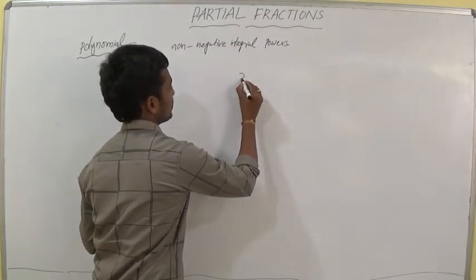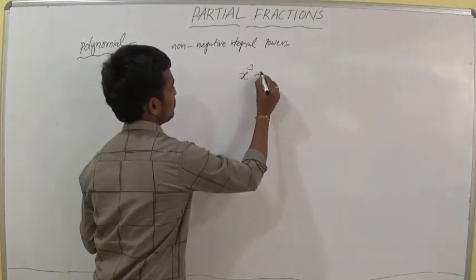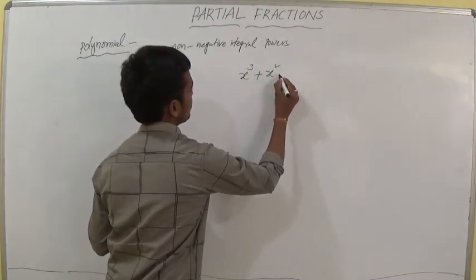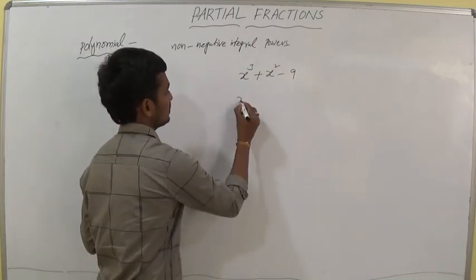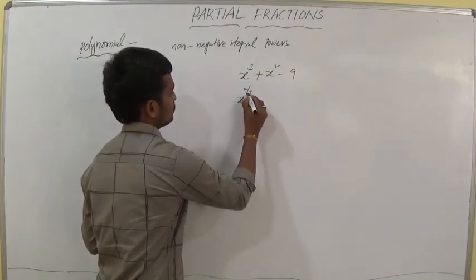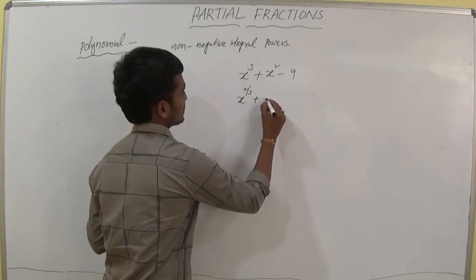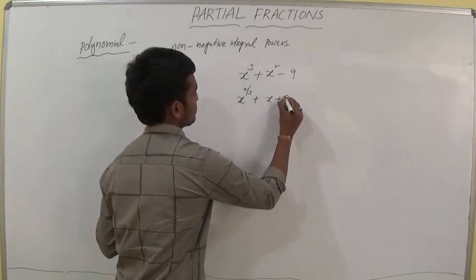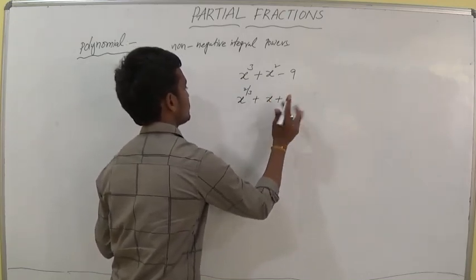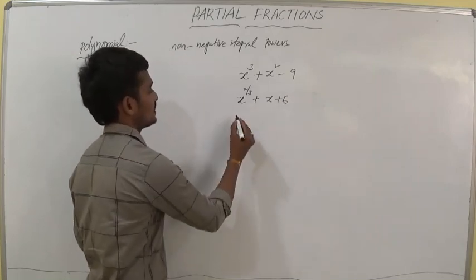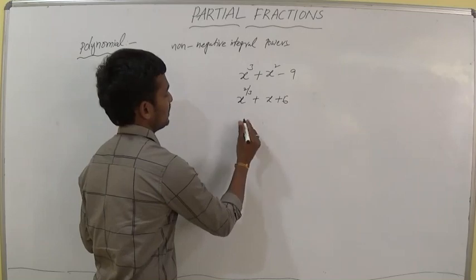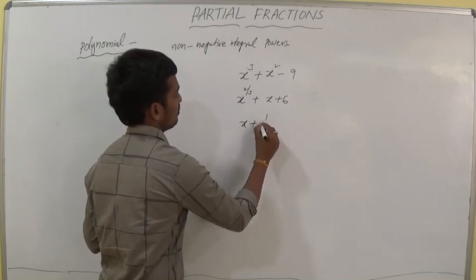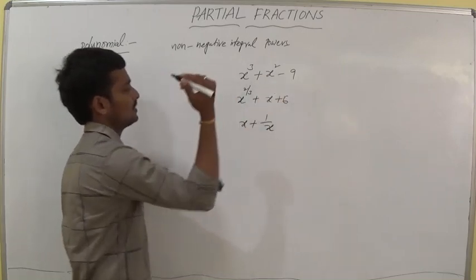For example, I am writing one example: x cube plus x square minus 9, and another example, x to the power of 2 by 3 plus x minus x plus 9 or x plus 6. Another example, x to the power of x plus 1 by x. Observe these three examples.